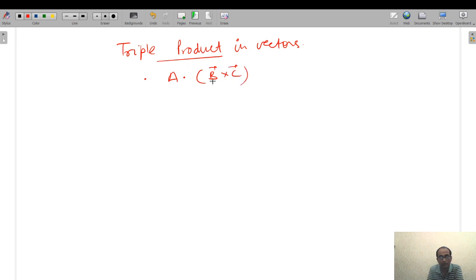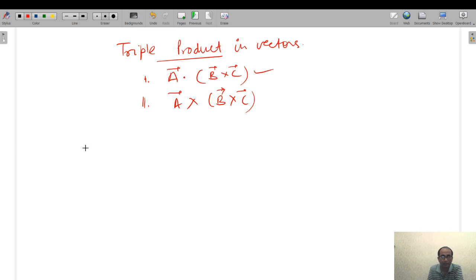Then there is something called the triple product in vectors. This again is of two types. One is the scalar triple product, and the other is the vector triple product. We will not go into details of these products, but let us see the application of this one.